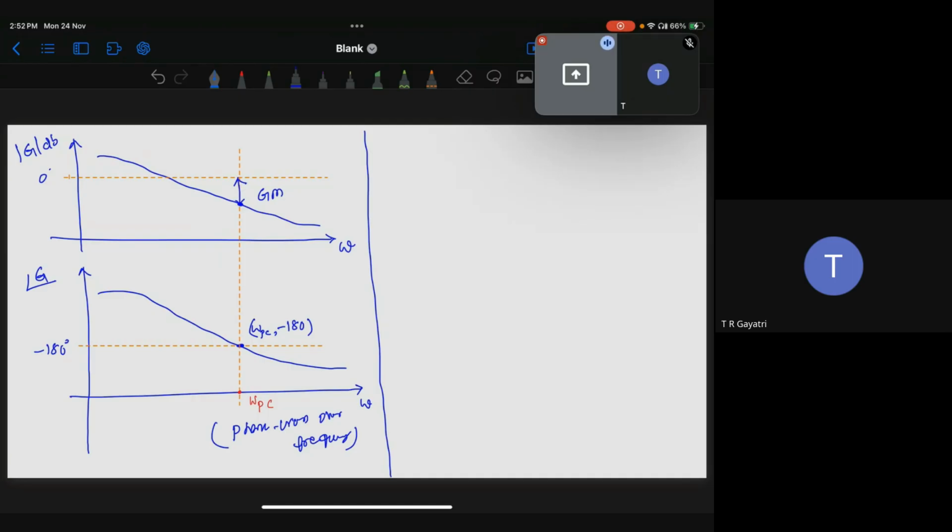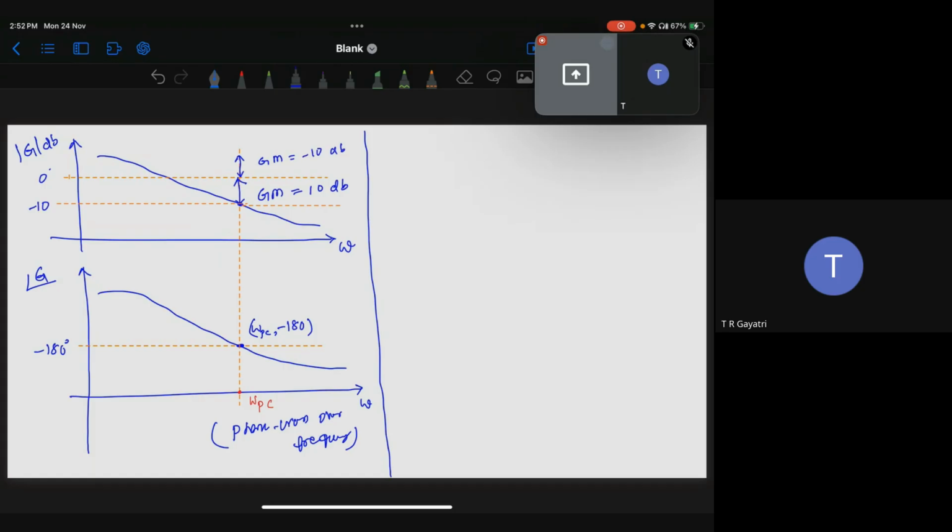Let's say that value is 10, that is, minus 10, then we call the gain margin 10 dB. Similarly, if that comes above the 0 dB line, we take the gain margin as minus 10 dB.